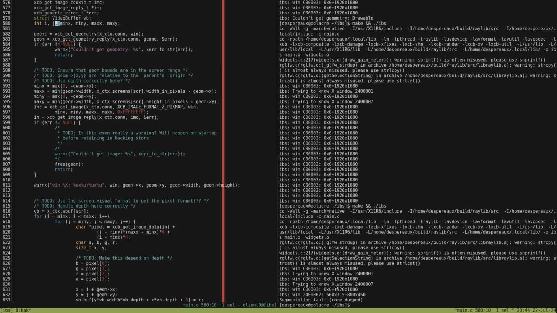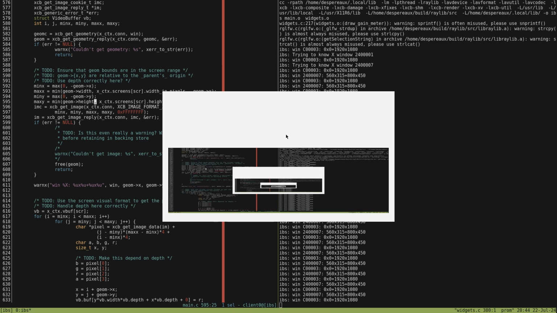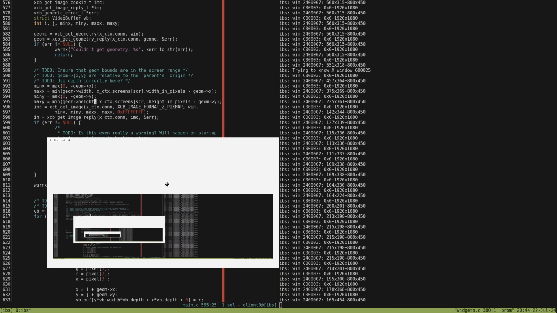And these are all ints. These are ints as well. So we want the max of 0 and negative geom x. This is the minimum max.